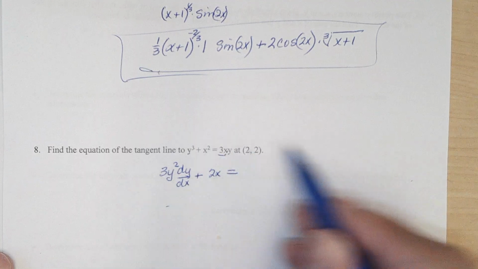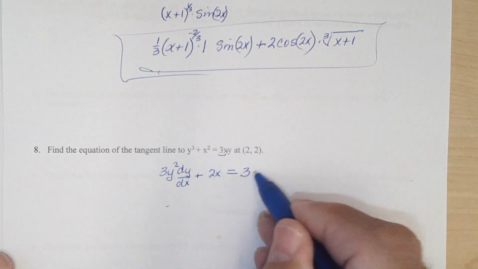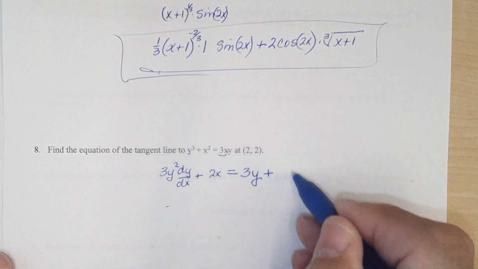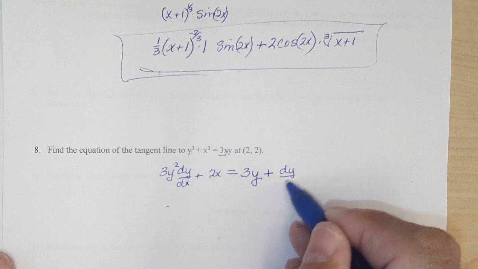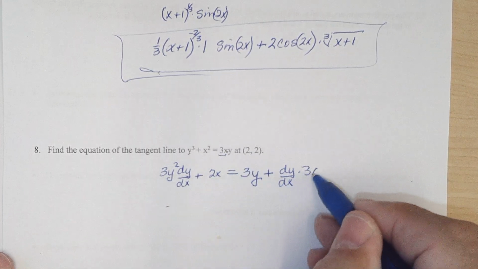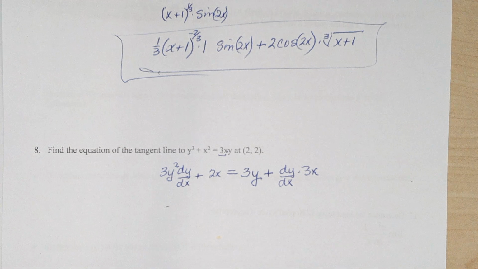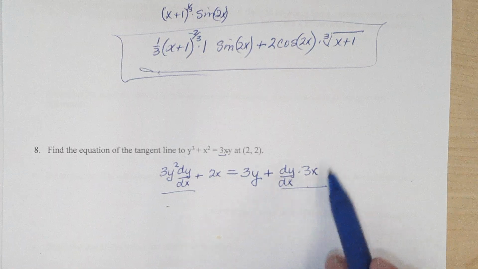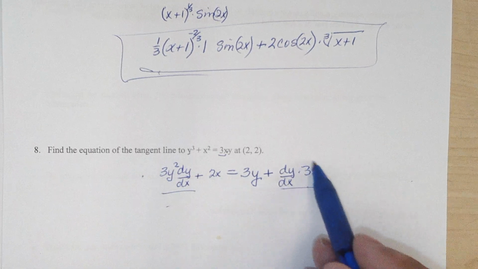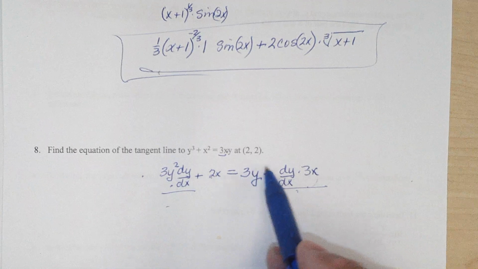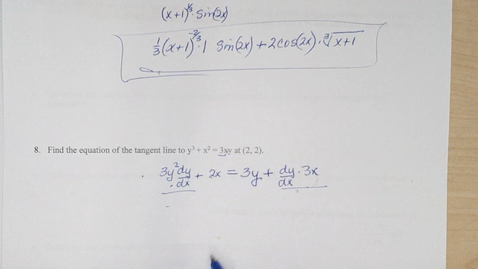So the derivative of 3x is 3 times y, plus the derivative of y is dy dx times 3x. So I have dy dx in this one and this one. So I'm going to bring this one over to this side by subtracting this quantity from both sides. I'm going to take this one over to this side by subtracting 2x from both sides.